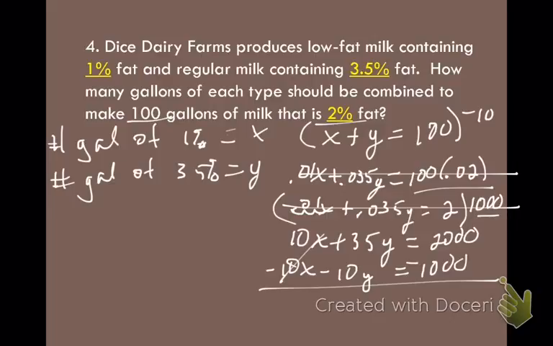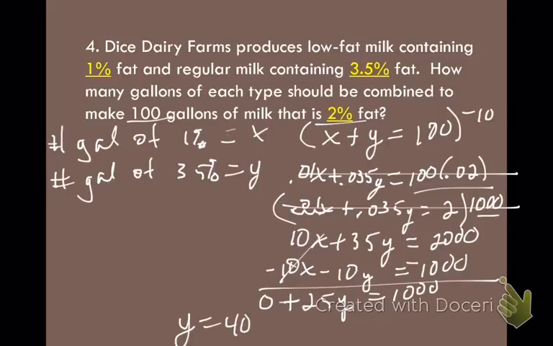These add to 0. 35 and negative 10 will give you 25y. And 2,000 and negative 1,000 will give you 1,000. We divide both sides by 25, and we would get 40.